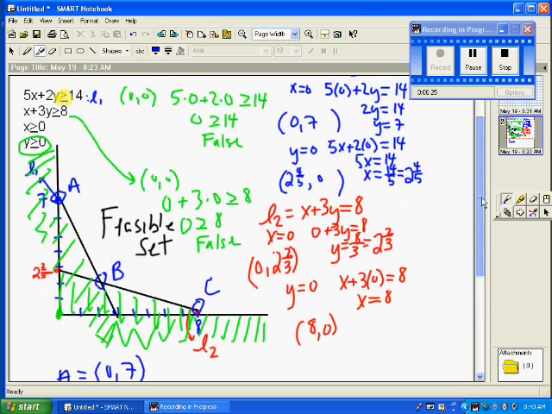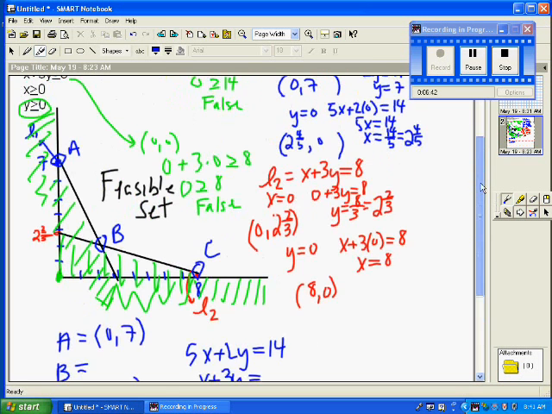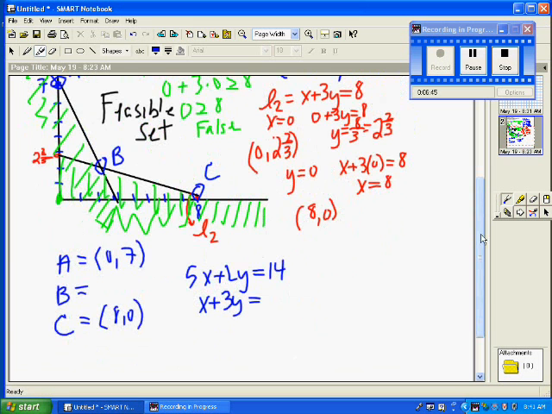So with line 1 being 5x plus 2y equals 14, and line 2 as x plus 3y equals 8, I can go ahead and use any method that I want to solve this. I can use elimination or I can use substitution. I think probably the easiest thing to do here would be to do some elimination.